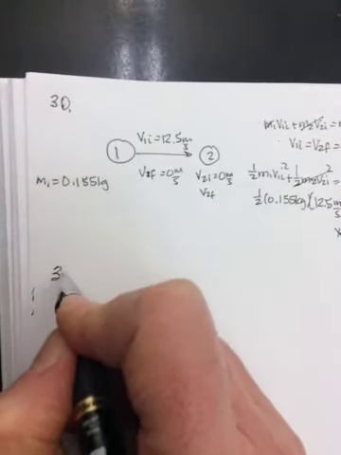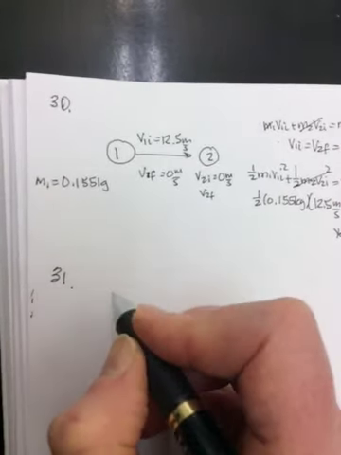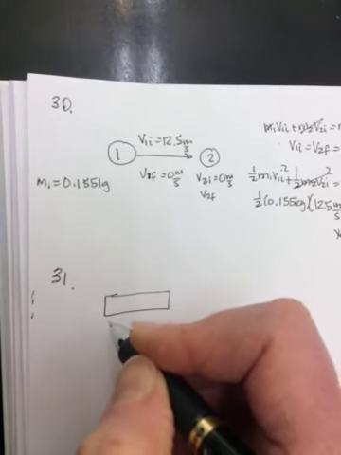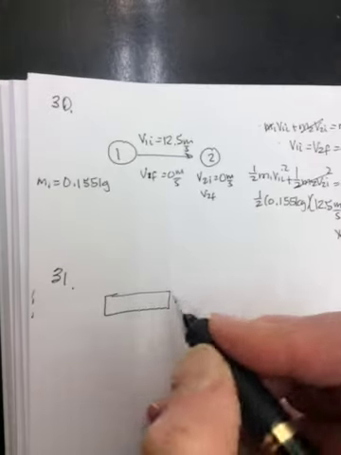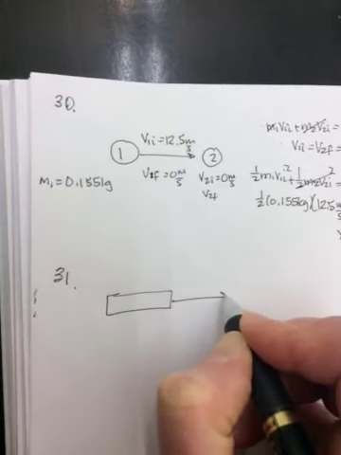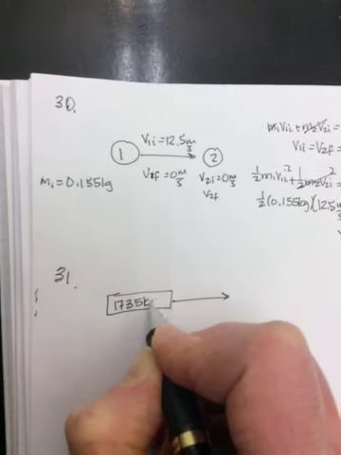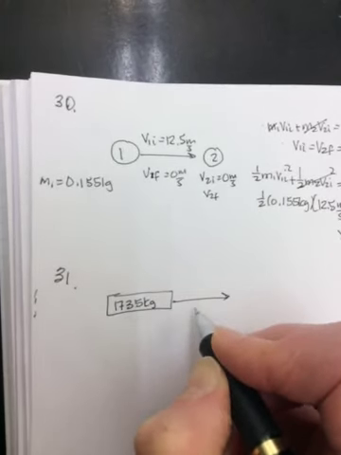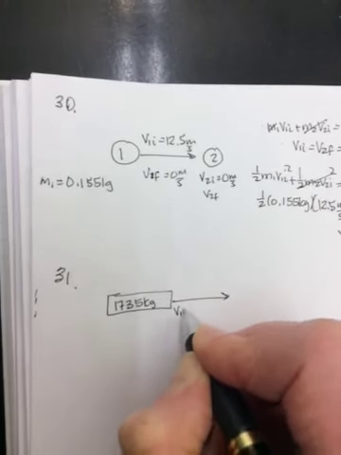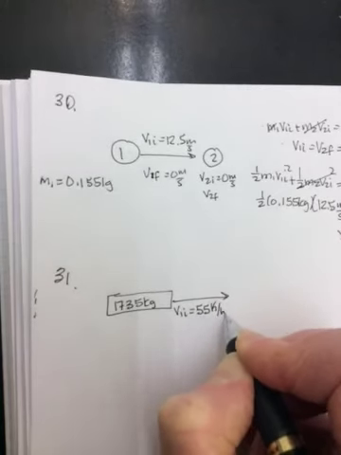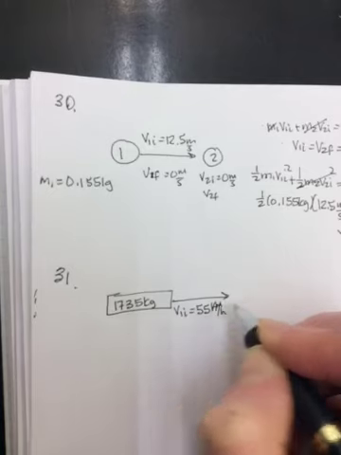Number 31. Car A with mass 1735 kilograms traveling north, so this way is going to be north. V1 initial is 55 kilometers per hour. Clearly I'm doing this during 5th period.